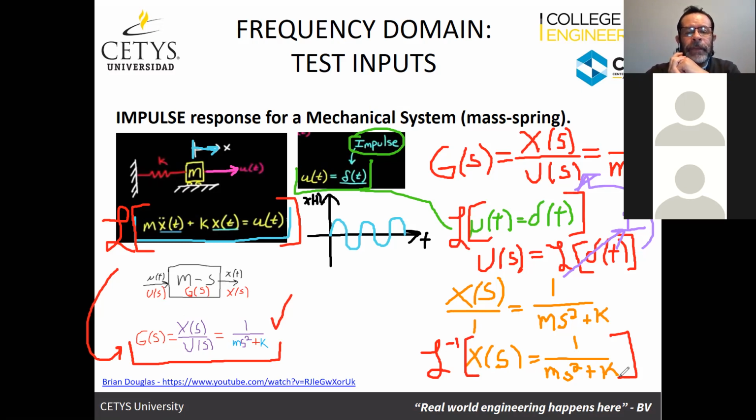Any model where we have s squared plus a constant is going to give me as a result a sinusoid. The inverse Laplace transform of this is going to give me a sine, which is basically what I'm looking for.